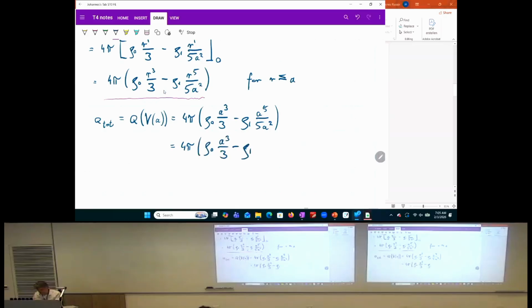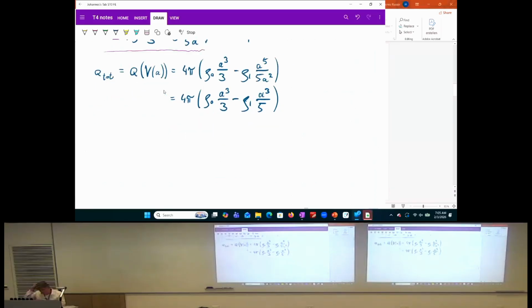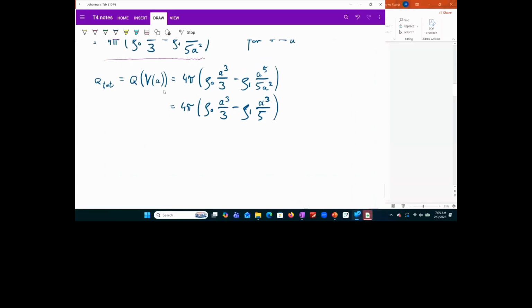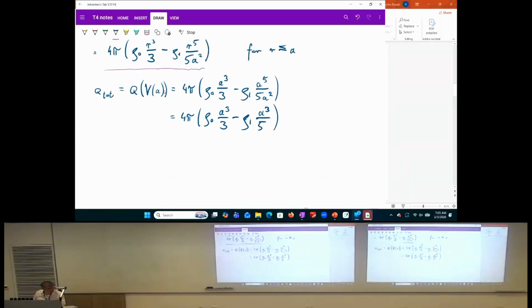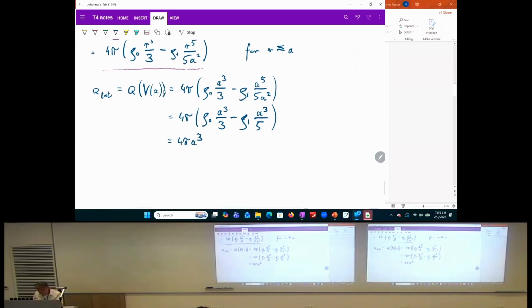There we can cut out the a square in the denominator, and what remains is 4 pi, the a cubed we can also pull out. Then we get rho naught over 3 minus rho 1 over 5.